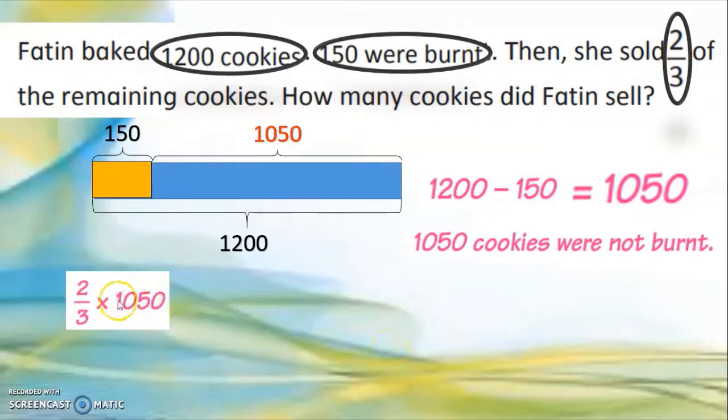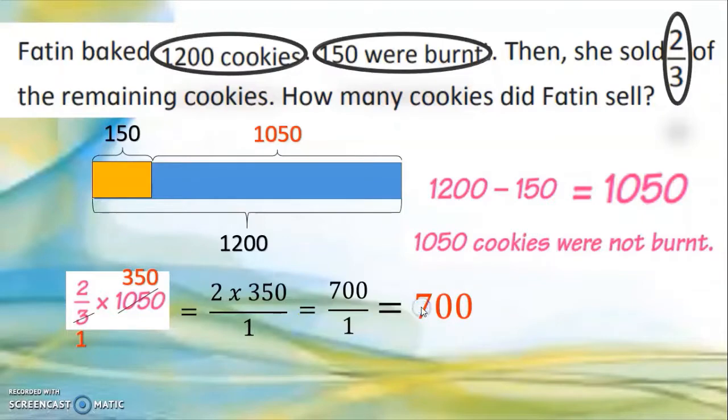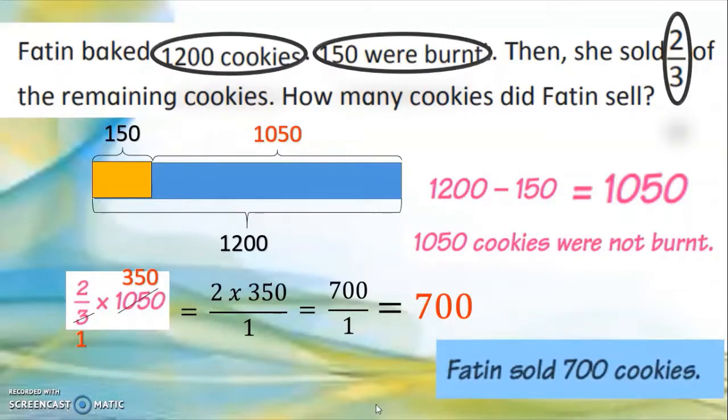So as you can see, we can simplify 3 and 1,050 by dividing by 3. 1,050 divided by 3 is 350, and 3 divided by 3 is equal to 1. So what's left? We have 2 times 350 over 1 is equal to 700 over 1 equals 700. It means Fatin sold 700 cookies.